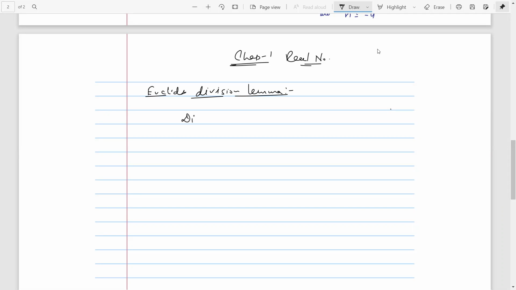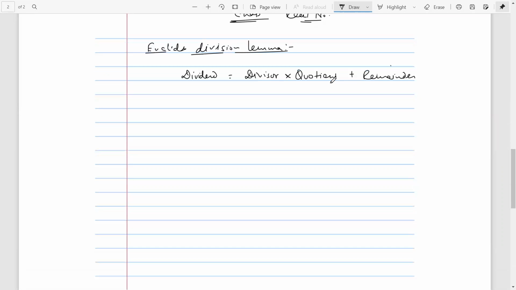You know that dividend is equal to divisor into quotient plus remainder. I think everybody knows this. We have been doing this for years.